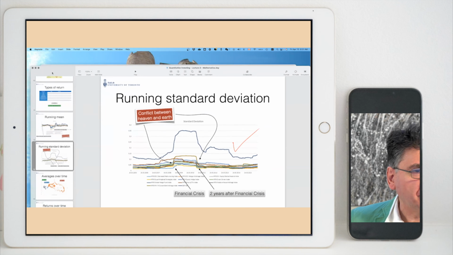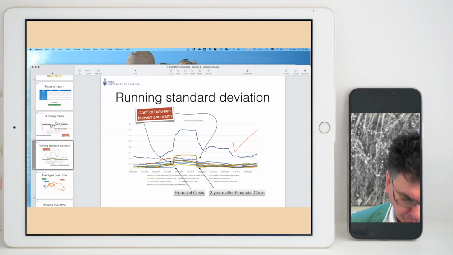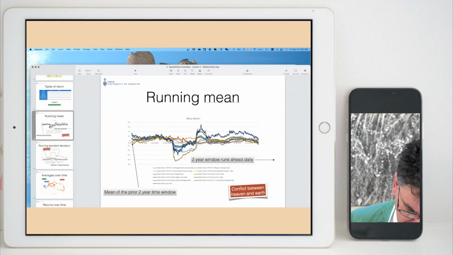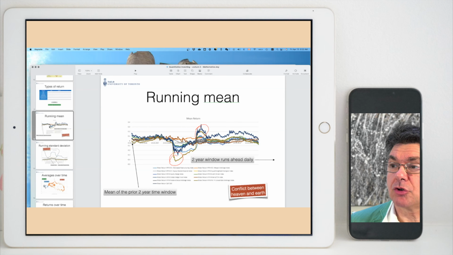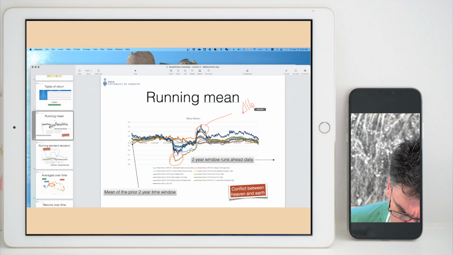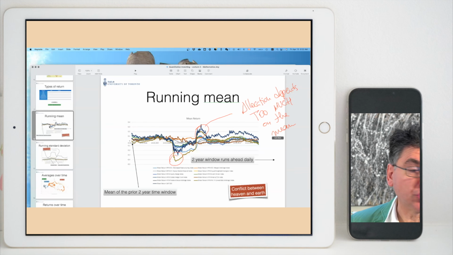Now, why would someone believe in this and not in the mean? The problem with the mean is it becomes positive and negative and goes up and down, and this has deep consequences. Meaning the allocation depends too much on the mean.